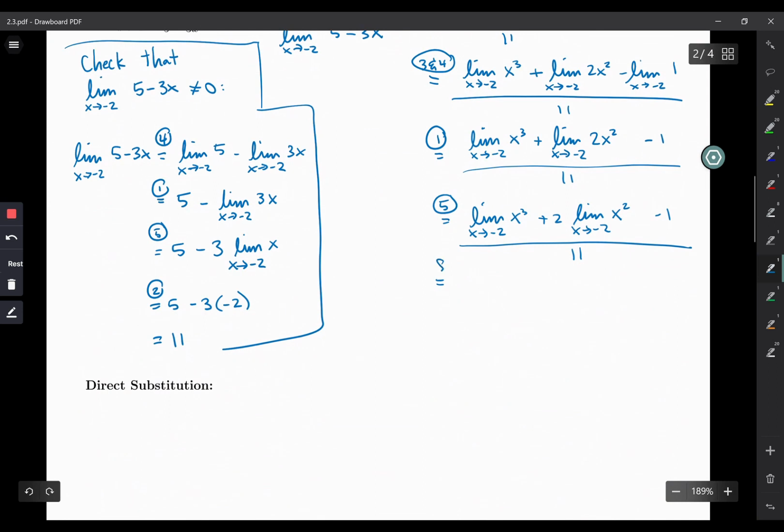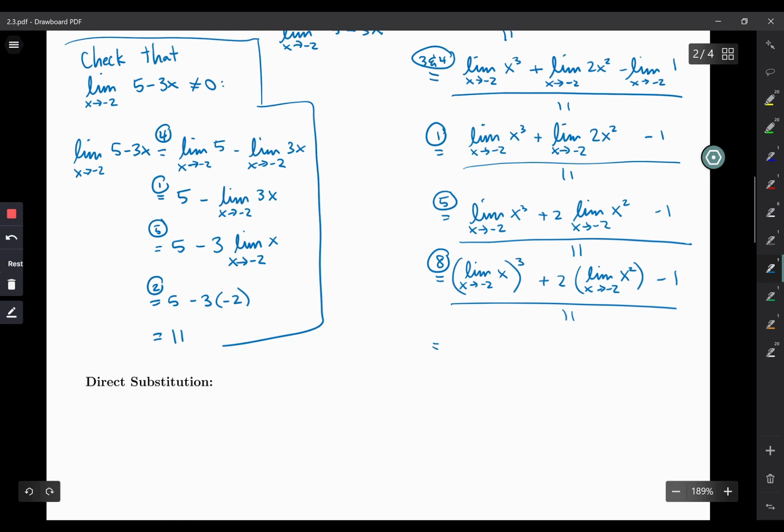Okay, so by limit law 8, this is equal to the limit as x goes to minus 2 of x cubed, plus 2 times the limit as x goes to minus 2 of x squared, minus 1, and then over 11. And then now we're, oh, oops, that should be the limit of x squared.